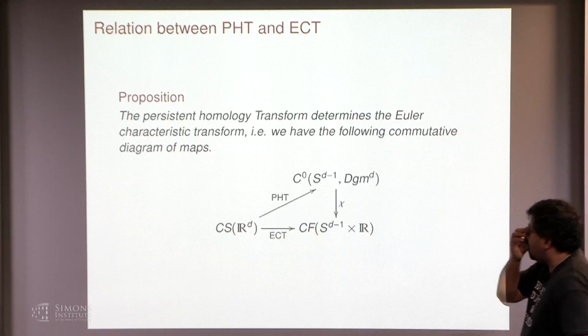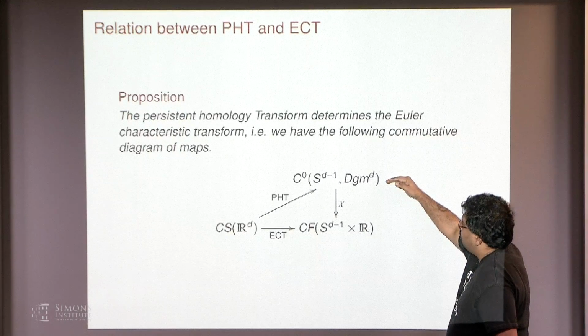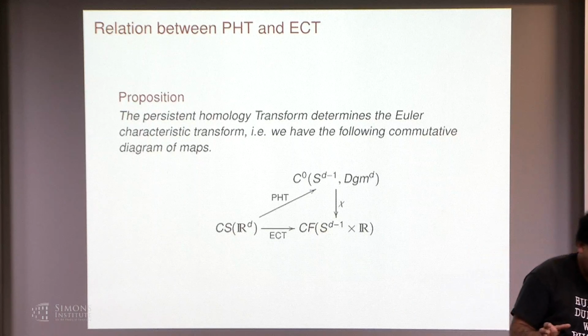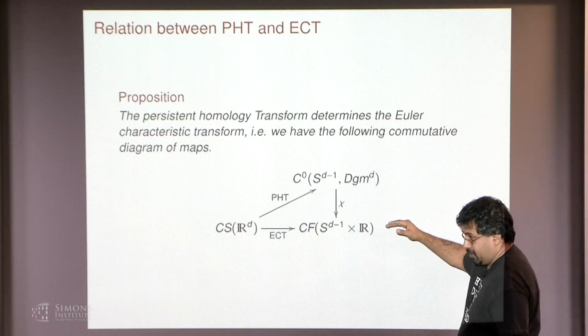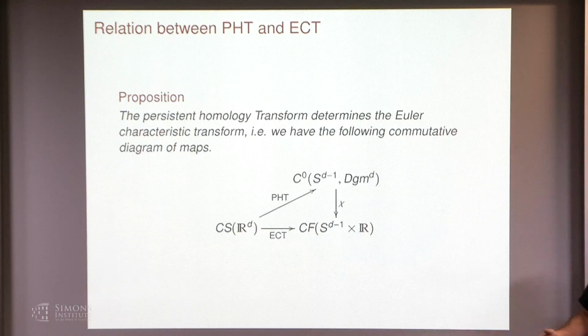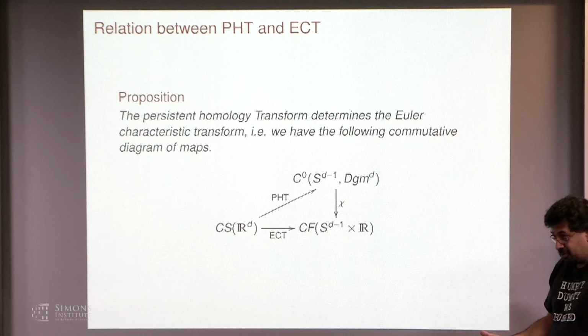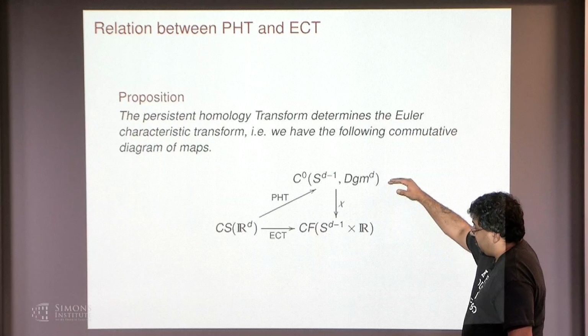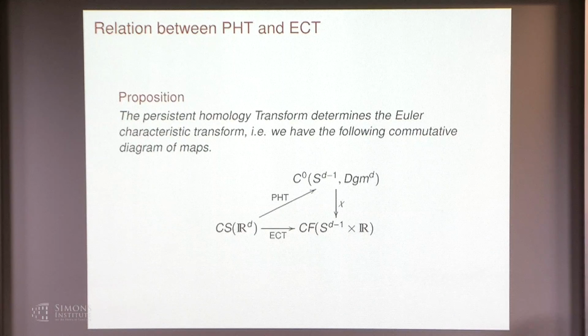So, in a way, the persistent homology transform has some Lipschitz property. The Euler characteristic transform does not. But the Euler characteristic transform, when you smooth it, lends to something that's L2. You can work in L2 and work with curves, whereas the space of persistence diagrams is terrible. It doesn't have unique geodesics, and there are a lot of problems with it.